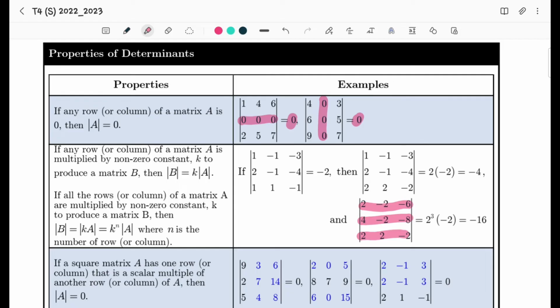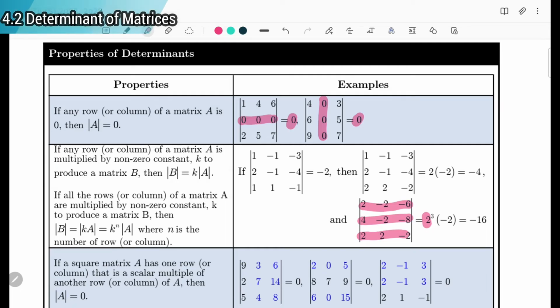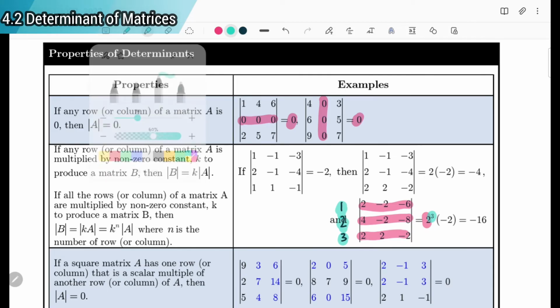So all the rows are times by 2. So the determinant will be 2 to the power of 3, which is the number of rows here. 1, 2, 3, you have 3 rows. So 2 to the power of 3 times the determinant of A. Okay, so you get negative 16.